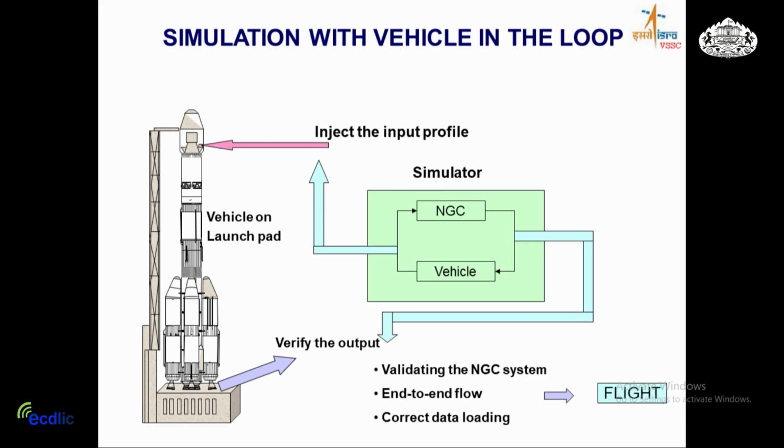And this is also tried, this is a complete vehicle in the loop. But this has its own limitations because if you have the motion simulator over there, that has its own dynamics, and control systems have their own dynamics. So this is only a final test which just shows everything is working fine together. So this is how we are doing the simulations for the launch vehicles.